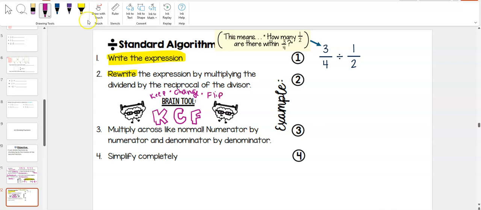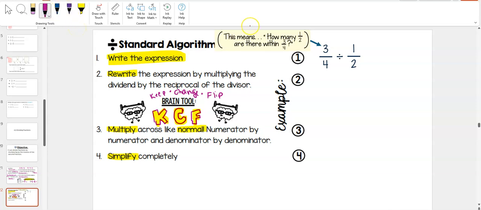So this is the little tool that we're going to use to help us remember what we're doing when we're dividing fractions. So when we divide fractions, we're actually going to keep, change, and flip. And I'll show you what that looks like. After we keep, change, and flip, we just multiply like normal and then simplify if needed.